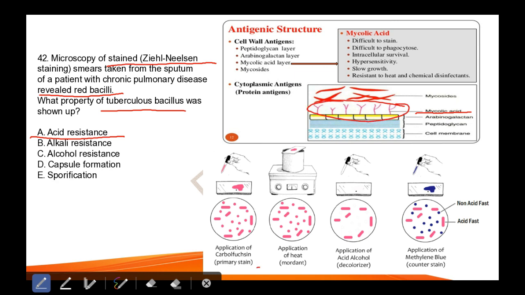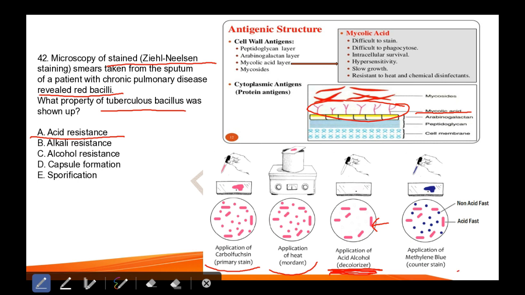You can see here we applied the primary stain, then the mordant, and then during decolorization, the acid-fast bacteria did not wash out. They were not neutralized, which means the waxy layer protects them from being decolorized.